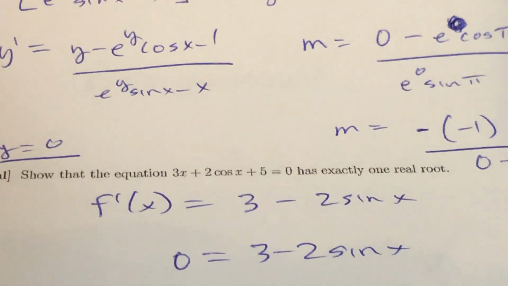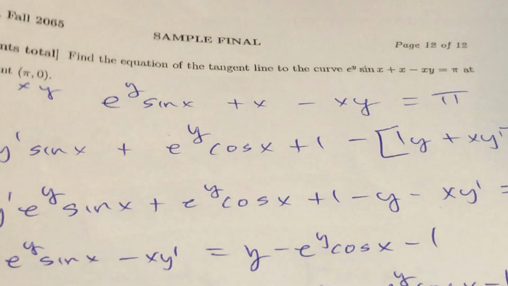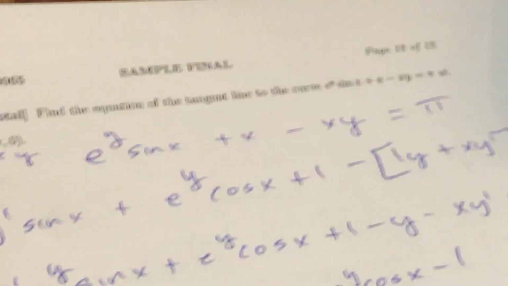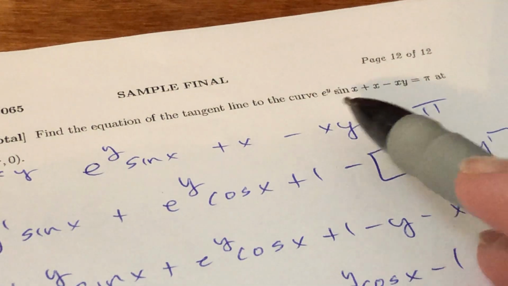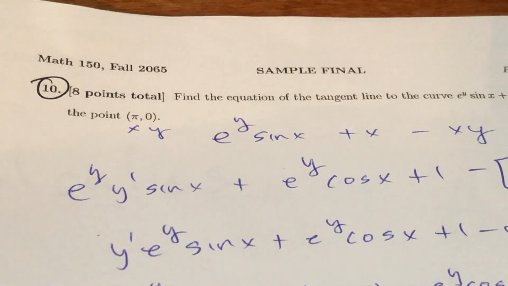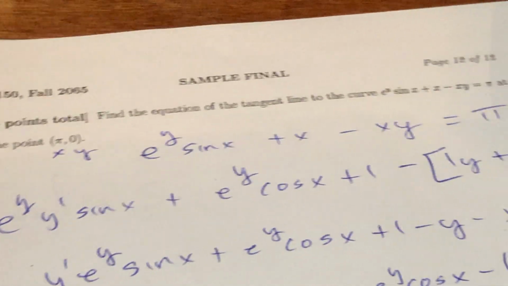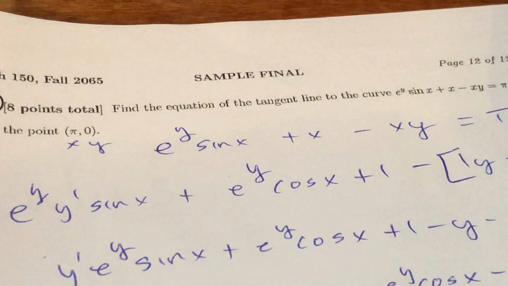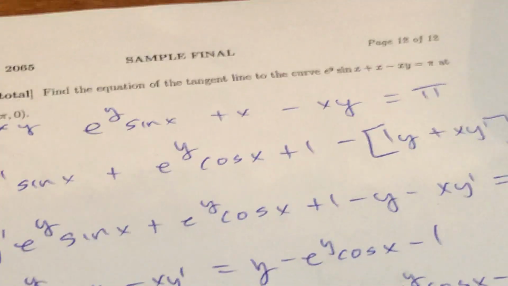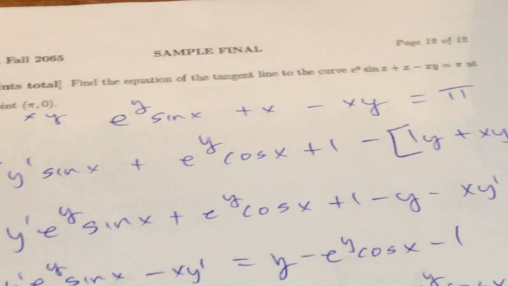Just pause it. All right, so here's where I definitely want you to check my work, because I got an answer that I don't like, but I did it a few times. Find the equation of the tangent line to this curve at the point (pi, 0). Okay, so I rewrote this. Now, in order to find the equation of the tangent line, I need to take the derivative.